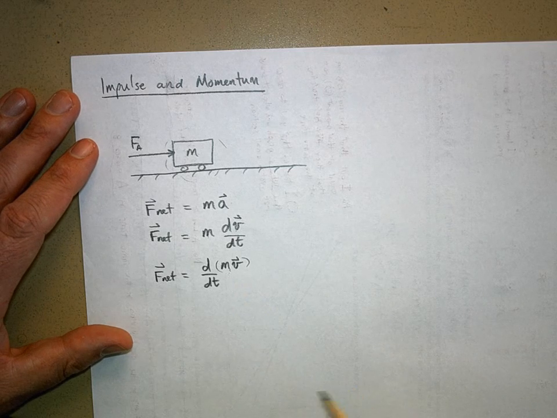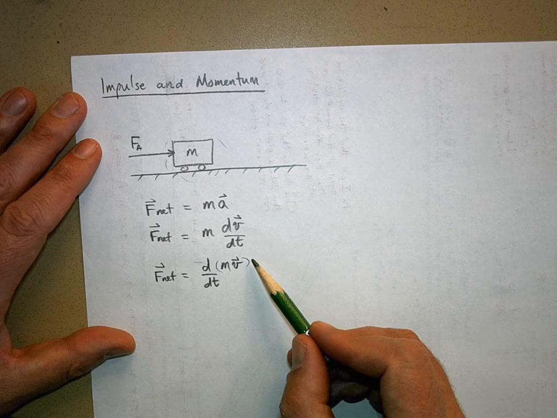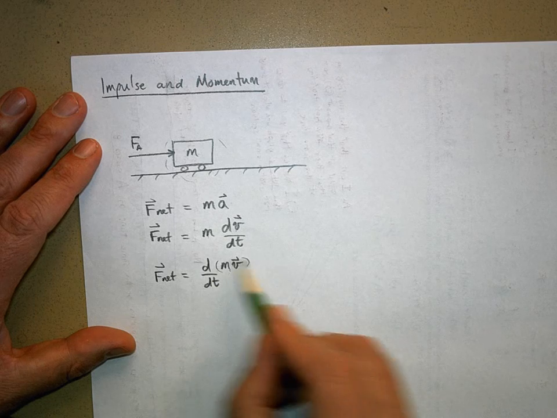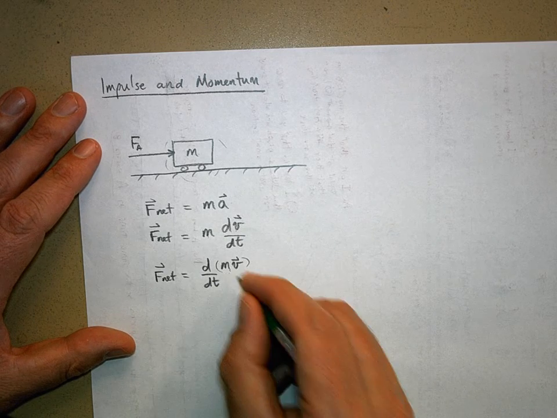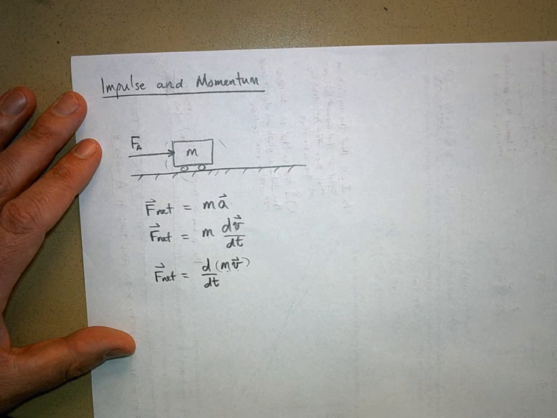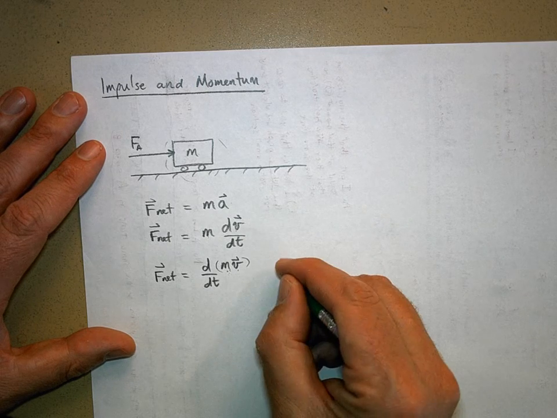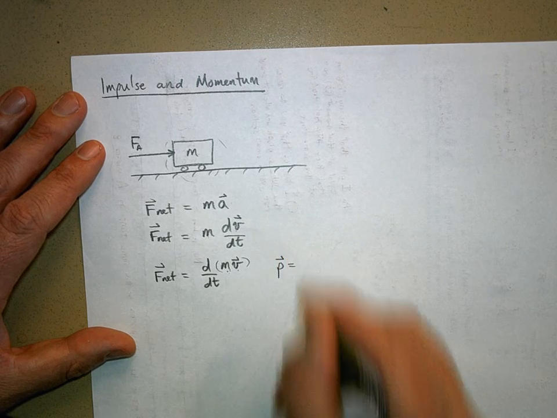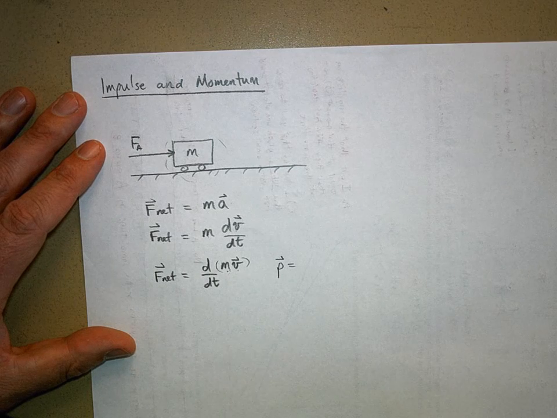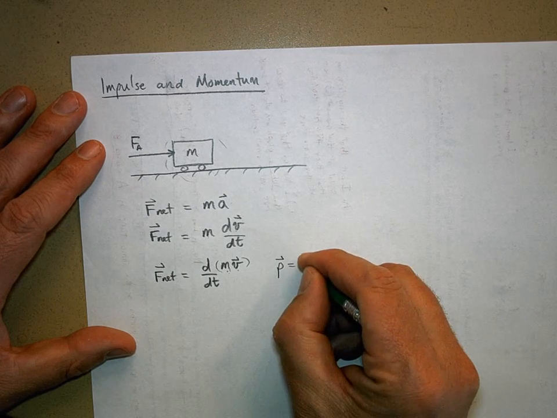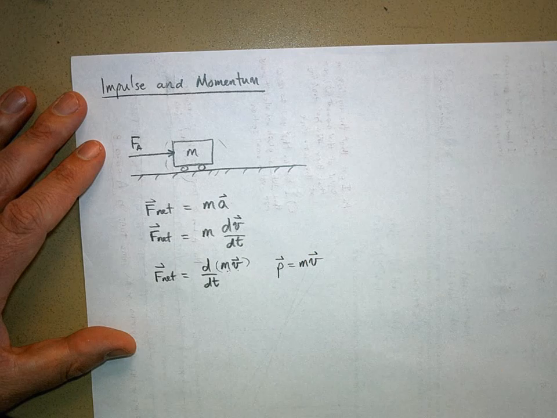So in any case, this is how Newton expressed his second law. And we have an expression for mass times velocity, which we talked about last time. We say that momentum, which we use the letter P to represent because m is taken, is equal to mass times velocity.